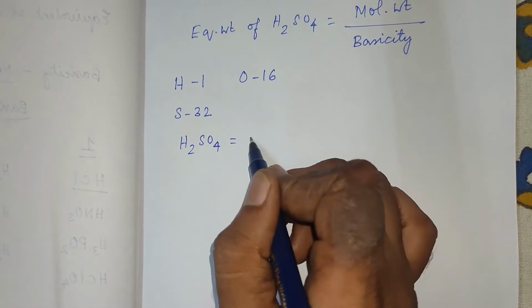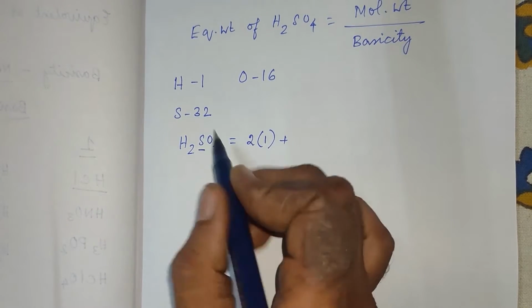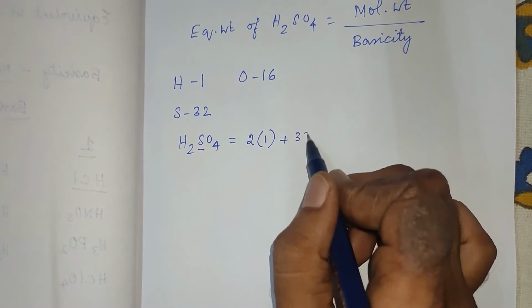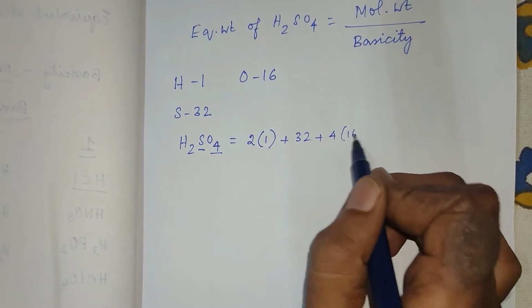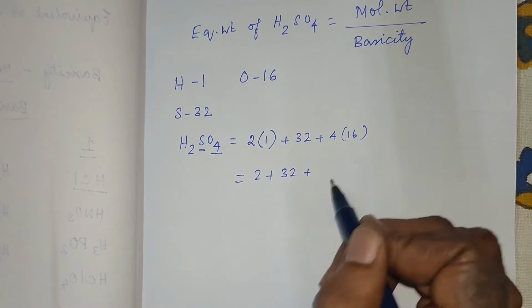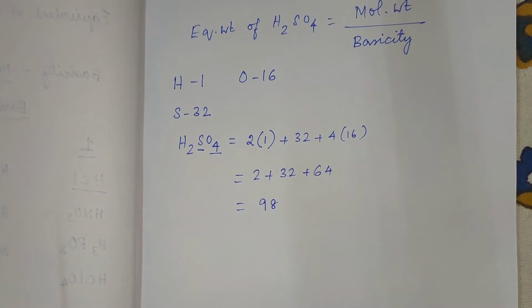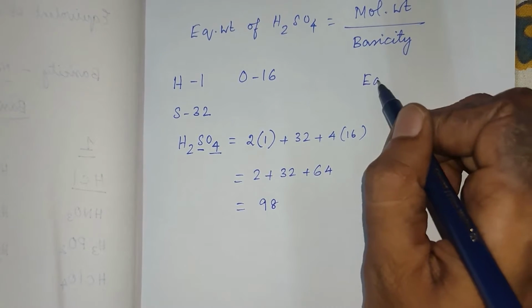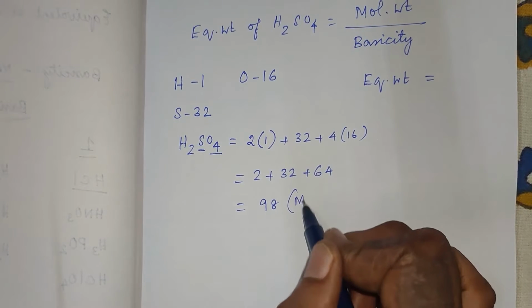Here you have 2 hydrogens. So 2 into weight of hydrogen, which is 1. You have only 1 sulfur. Weight of sulfur is 32. You have 4 oxygen. So 4 into 16. So what will you get? 2 plus 32 plus 4 into 16 is 64. You will get 98. In this case, what is the equivalent weight? Equivalent weight of sulfuric acid is equal to molecular weight divided by its basicity.